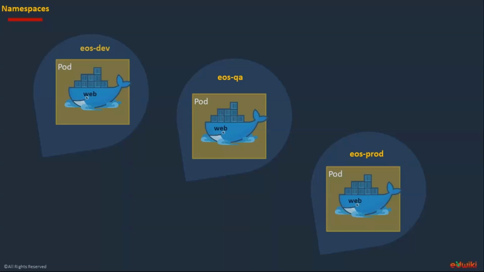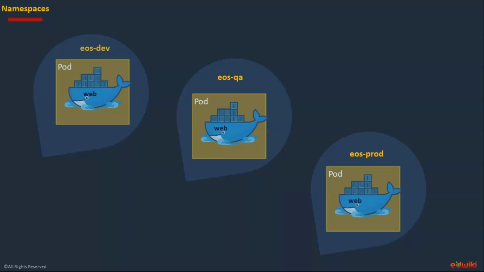The namespace is acting as a logical isolated wrapper, right? Which ensures that the pods are completely isolated from one namespace to another namespace. That way, we can use the same name across the namespaces. We can use the same labels across the namespaces. It is not going to harm anything.